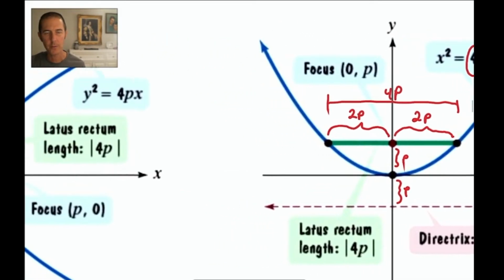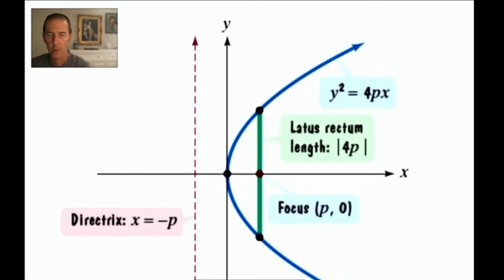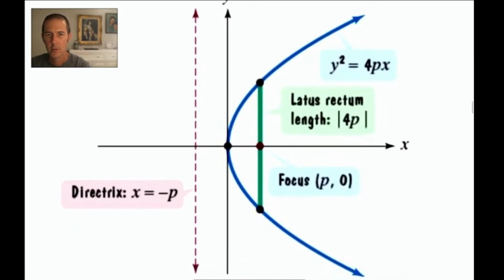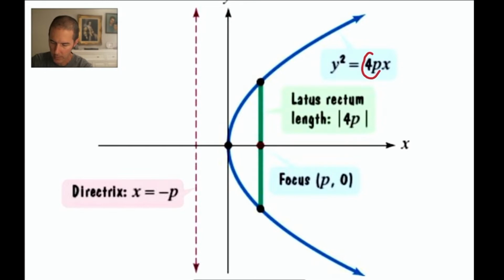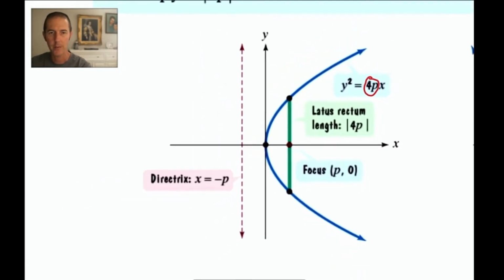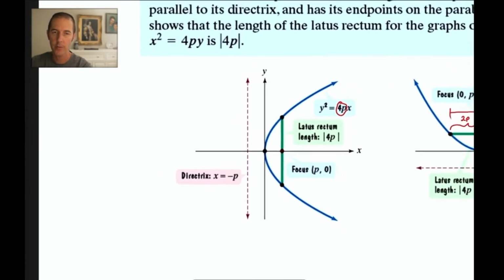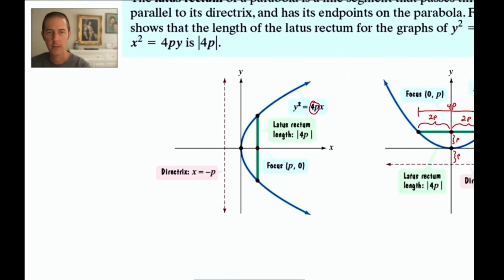In the other version of the equation, which will come back in a moment as soon as I plug the iPad back in. There we go. Here you can see that the 4p is a coefficient on the x variable, and so we'll be using that in order to find our p value, which is going to help us find the focus and the directrix and the length of the lattice rectum.